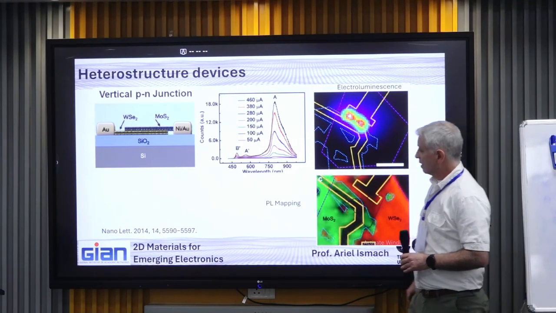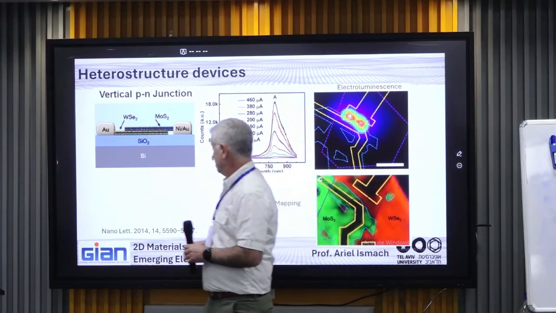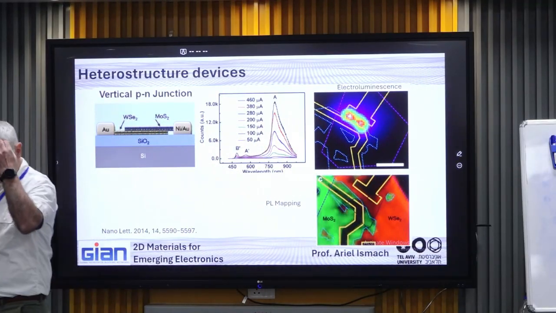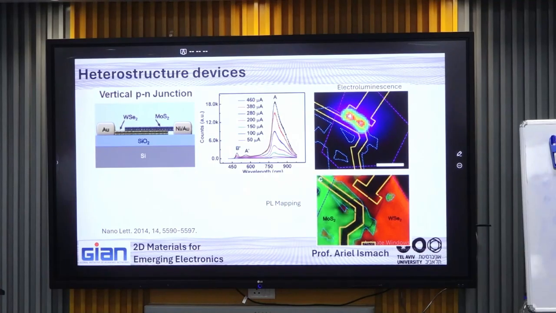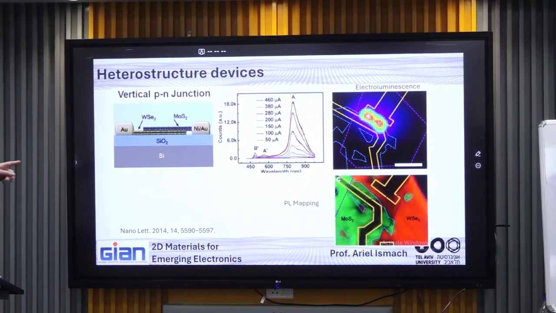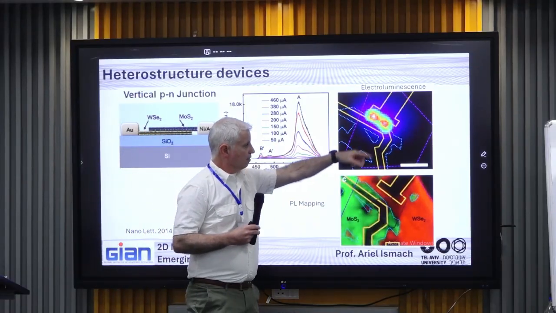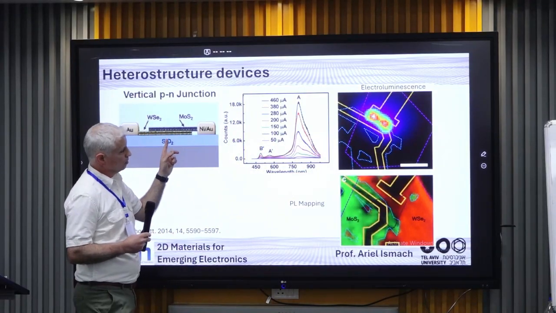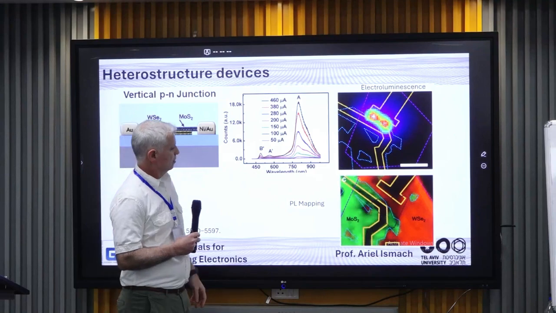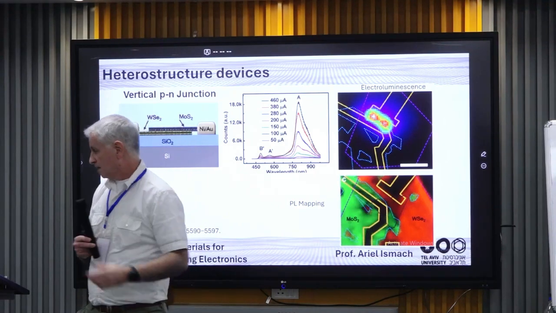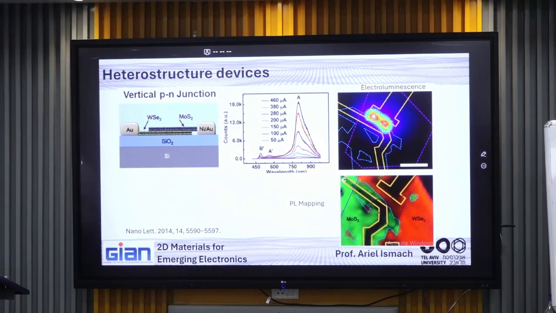Therefore they can show, in this case for example, electroluminescence. You can see the luminescence as a function of the current flow through the junction. So this is one example.